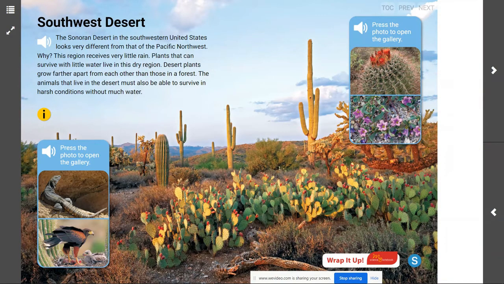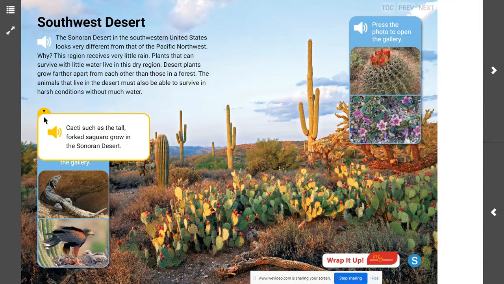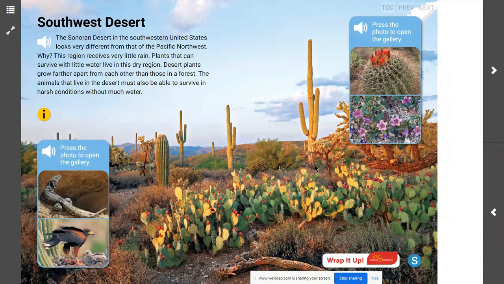So here in front of us, we see this image of the Southwest Desert. Cacti such as the tall forked saguaro grow in the Sonoran Desert. So we can see that they're these saguaro cactuses, they're very spread out. They're not really near each other.